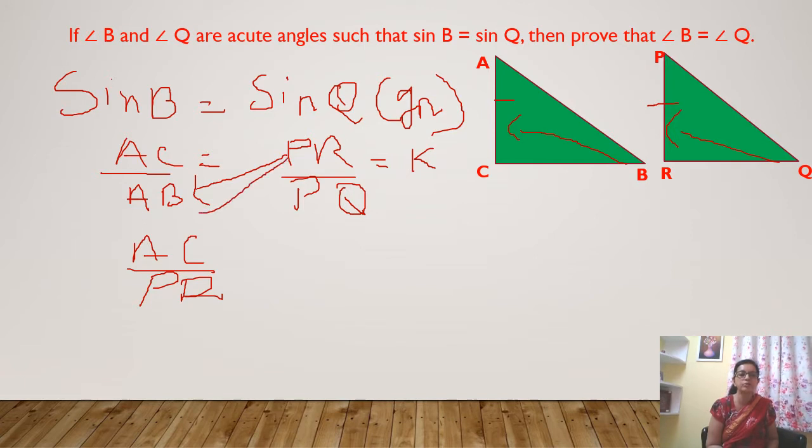Shift this to the numerator. This is called cross multiplying. We have shifted PR to the denominator and we are shifting AB to the numerator. So here we are getting AB upon PQ. But you know that it is equal to K.